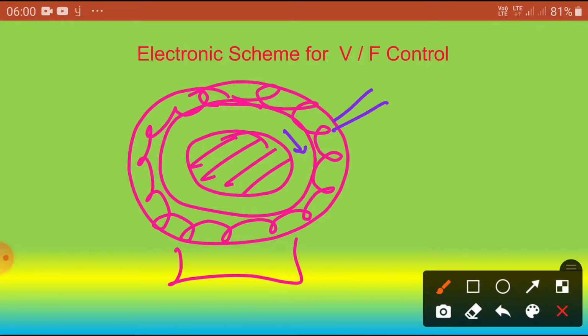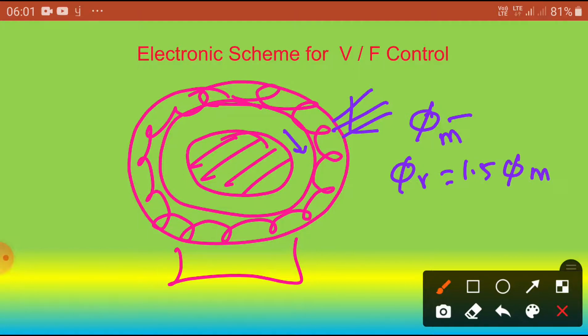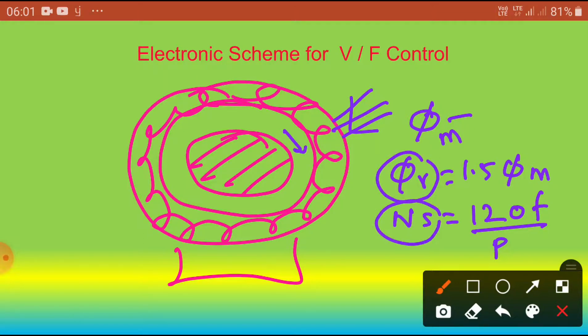Whenever the three-phase supply is given to the stator, it produces a constant rotating magnetic field, 1.5 times phi m, the maximum flux produced by each phase, and this produced flux is rotating in the air gap at a speed of Ns is equal to 120 f by P. So this rotating magnetic field rotates at this speed, producing constant flux in the air gap.